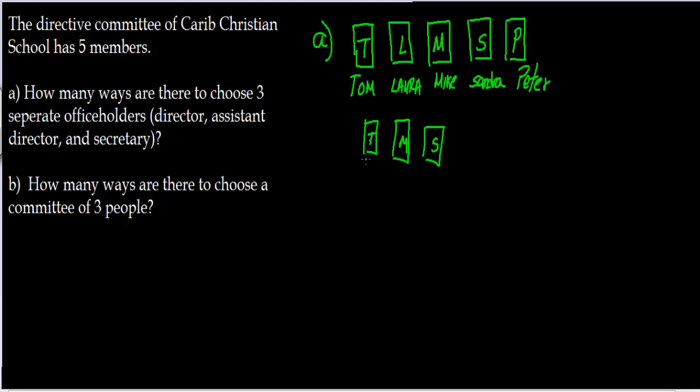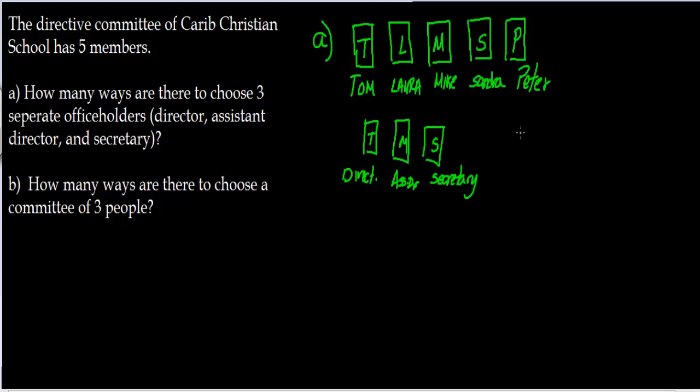Now, the first person I choose from that group of 5 is going to be the director. The second person I choose is going to be the assistant director. And the third person I choose is going to be the secretary. Okay? So that's one way of choosing 3 people from a group of 5.